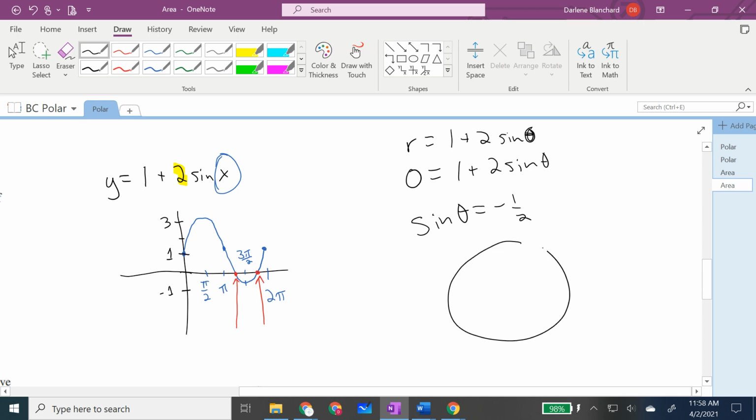When it comes to the unit circle, sine is telling us y coordinates. And the special y coordinates are positive 1/2, root 2/2, root 3/2, negative 1/2, negative root 2/2, negative root 3/2, on top of positive 1, 0, and -1.